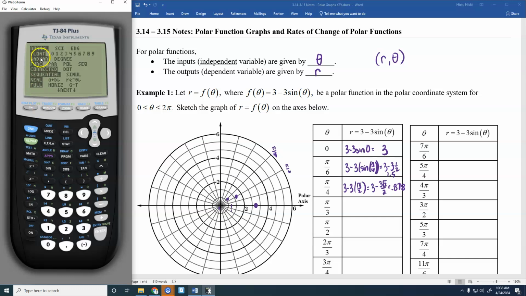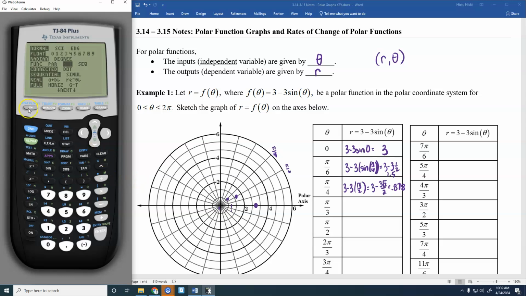If you go down to that 4th line, you got FUNC, then PAR, POL, SEQ. FUNC is function, which is what we've always been in. PAR is parametric, which is in Unit 4, but I doubt we're going to do it. POL is polar. That's where we want to go. So go down to that 4th line, go over to POL, and hit enter so that it is selected.